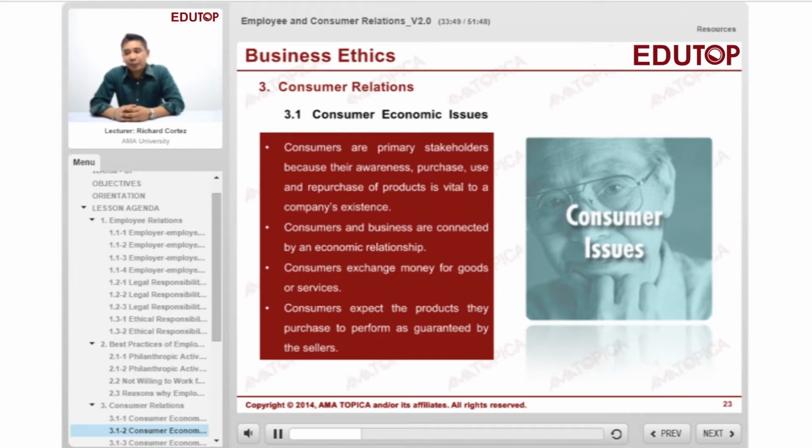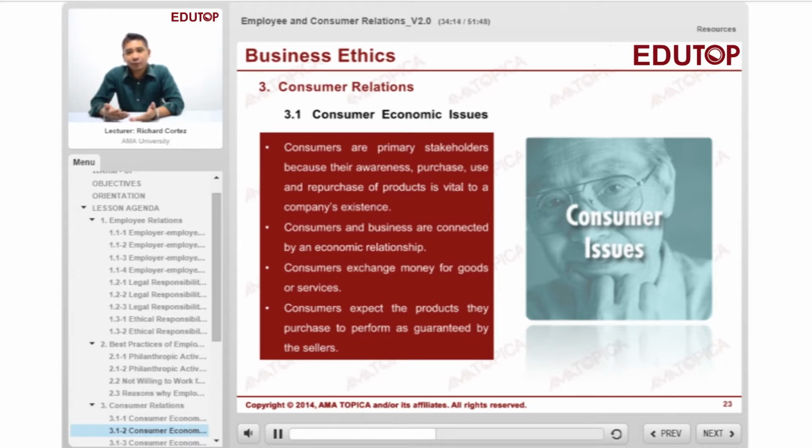And consumers and business are connected by an economic relationship. If the consumers have money to purchase the products, the company will become profitable. If the company becomes profitable, it can produce more, quality products to be given to the consumers themselves. And consumers exchange money for goods or services.